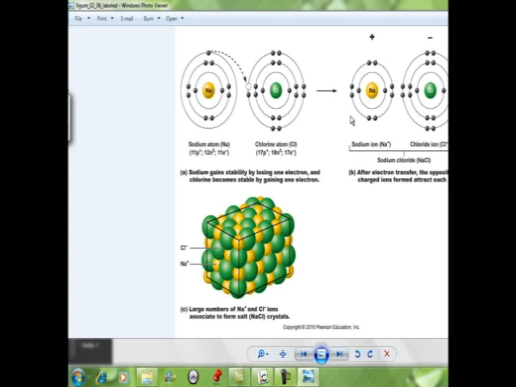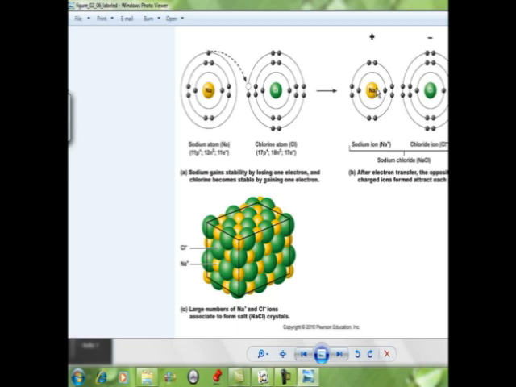So sodium gives up that electron, and chlorine takes up that electron, and now we have formed something called an ion. And what's an ion? Is it on this chart? No. Who's on this chart? Elements. But sodium is an element. It's a neutral element.